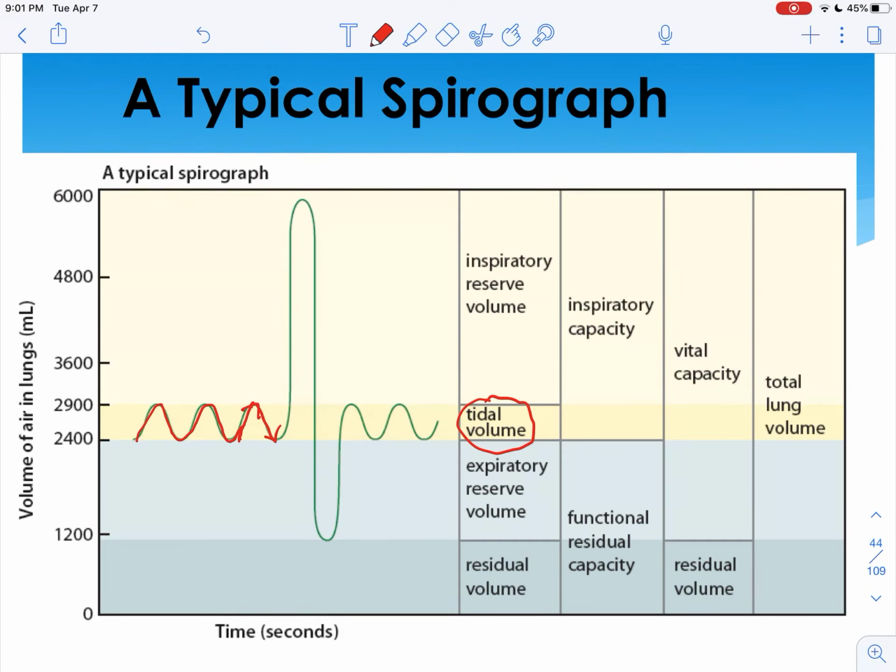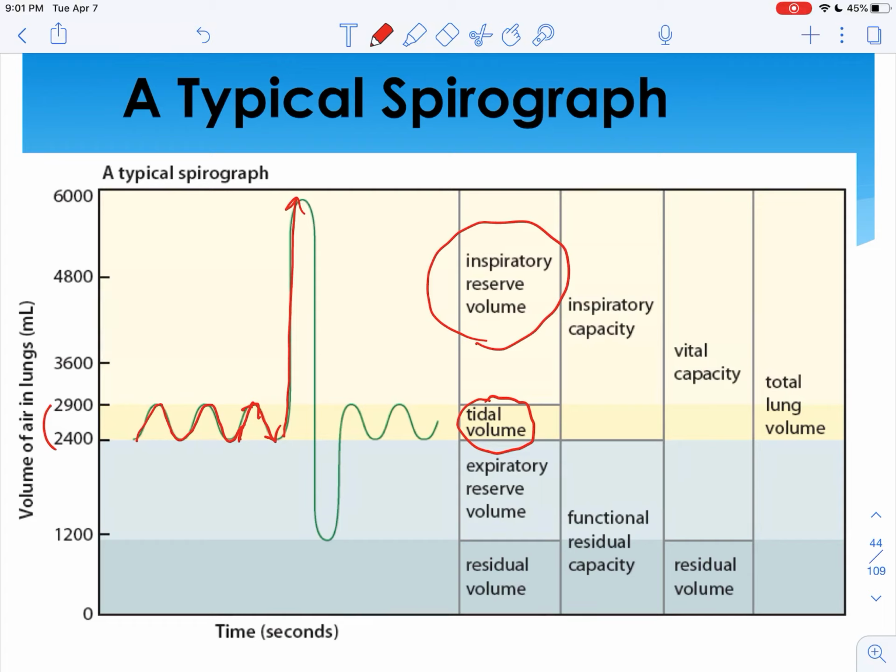And you can see here that it's regularly around 500 milliliters, which is about 2 cups of air for the two lungs together in a typical or average breath in and breath out, 500 milliliters each way. Now, right now, you can try this, breathe all the way in as hard as you can. What you're doing there is testing your inspiratory reserve, how much air you can fully put into your lungs.